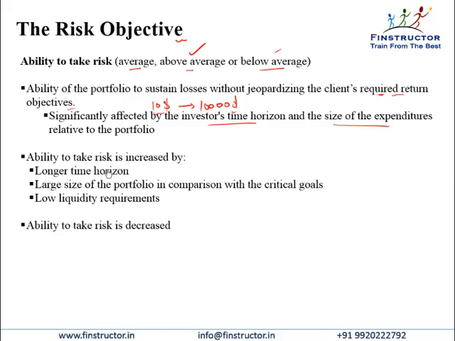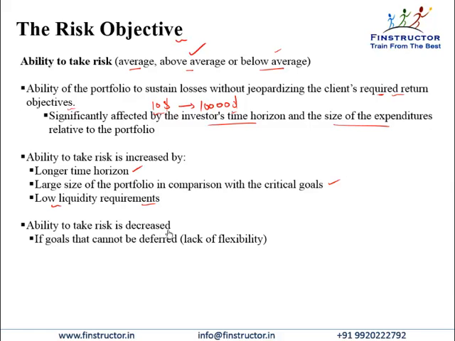So remember, ability to take risk is increased by a longer time horizon, large size of the portfolio in comparison with the critical goals, and low liquidity requirements. So if the investor doesn't need cash for any medical emergency or for any other critical requirement, then that increases his ability to take risk.